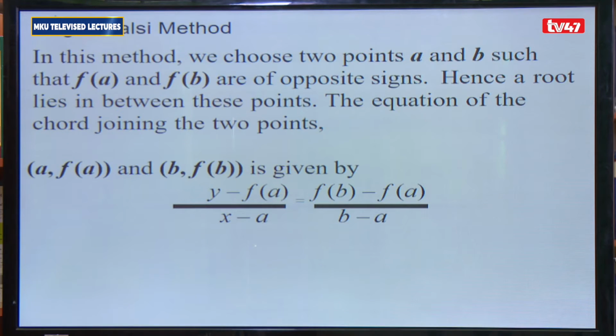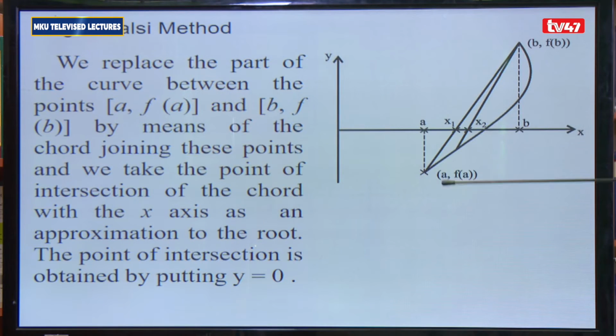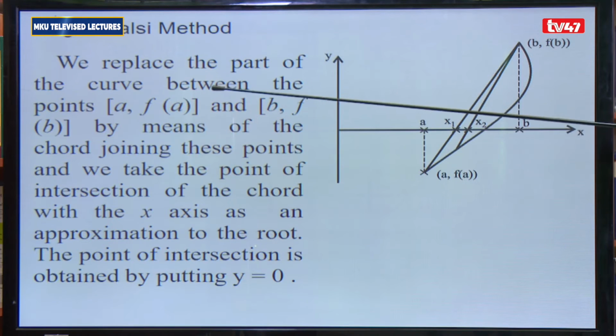So what we do in this case, from your sketch, if this is your function f(x), and we guess two values, A and B, such that f(A) in this case is negative and f(B) is positive, we come up with the line or the chord that joins the coordinates (A, f(A)) and (B, f(B)).